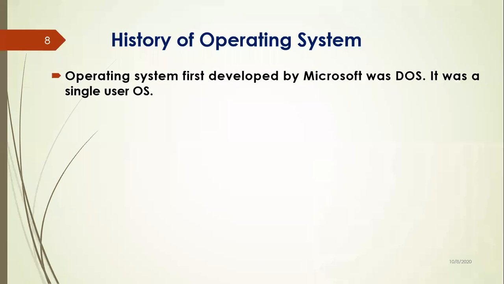Next is the history of operating systems. The first operating system was developed by Microsoft, and that operating system was DOS, the disk operating system, and it is single user. Single user means only one user can use this operating system at a time.